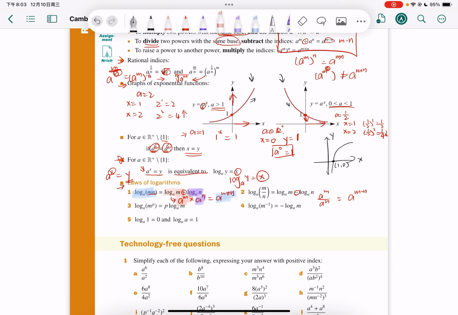Let's also highlight this one: log a m and log a n correspond with the powers, and log a of m divided by n corresponds to a to the power m minus n.